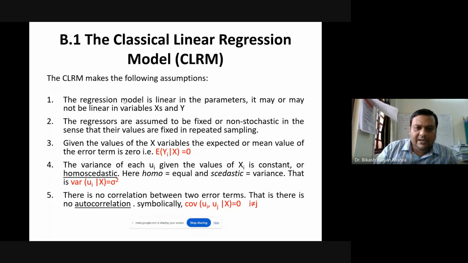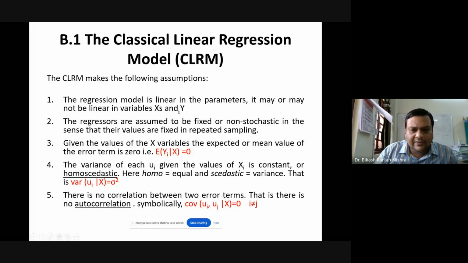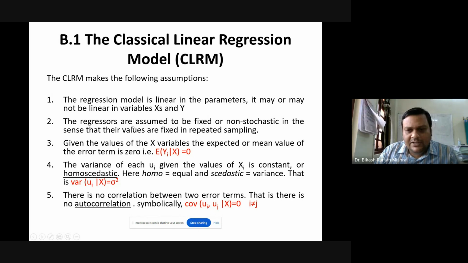I mean, parameters should be linear, not necessarily with respect to the right hand side or the left hand side variable. The second assumption is with respect to the stochasticity or the fixity nature of the regressors, which we have also covered previously. The third assumption is that given the value of any particular independent variable, the expected or the mean value of the error term is zero.